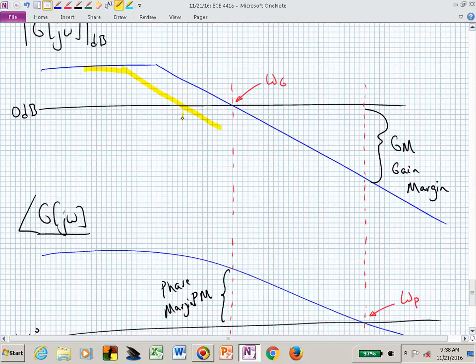Because now we would be coming down here, and we would now have that for our phase margin. Or we could introduce a controller that would manipulate the phase and bump the phase up, put a phase lead controller in to arch that phase up, and now we have a bigger phase margin that way.